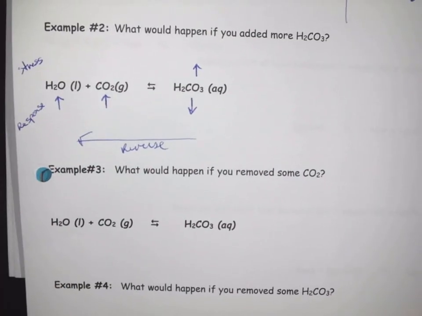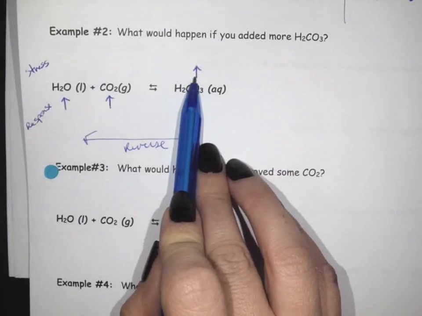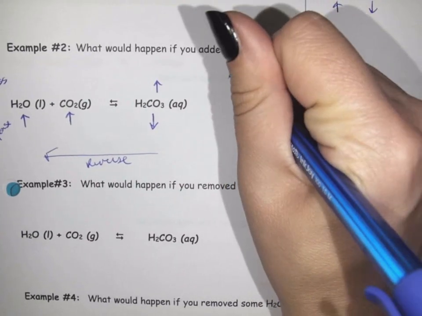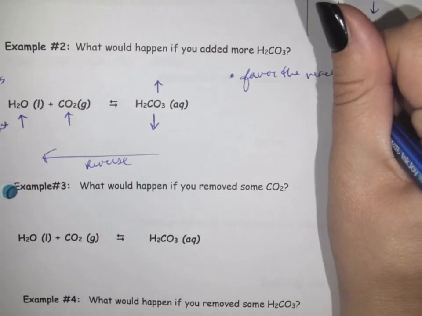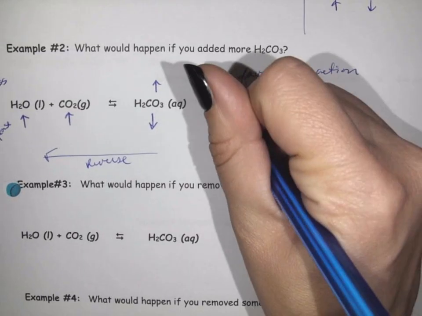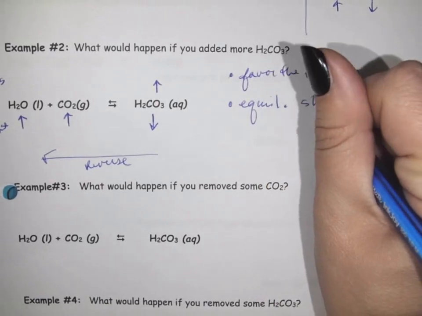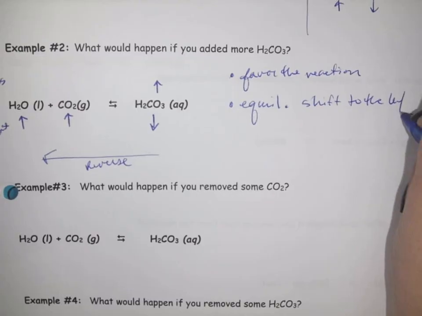So there's multiple things that you could say happen when we add H2CO3. One of the things that you could say is that we're going to favor the reverse reaction. You could say that equilibrium shifted to the left.